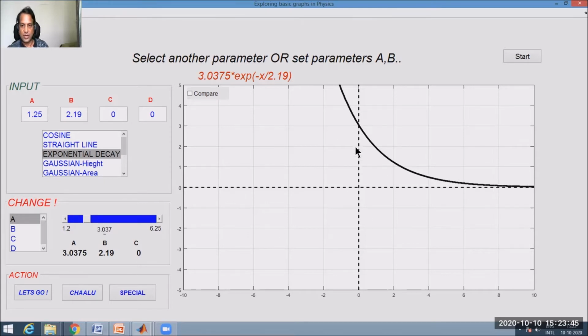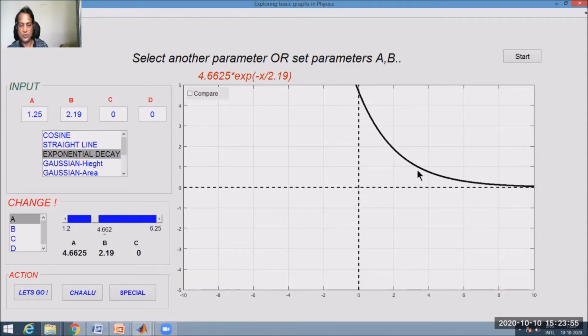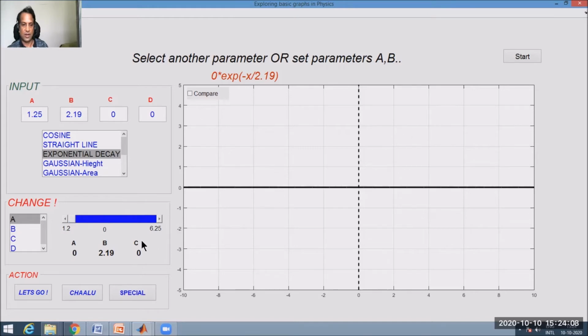Now at x equal to 0, this function has gone up. So we can see the function is going up. If a is all the way 0, then for all x it is 0.